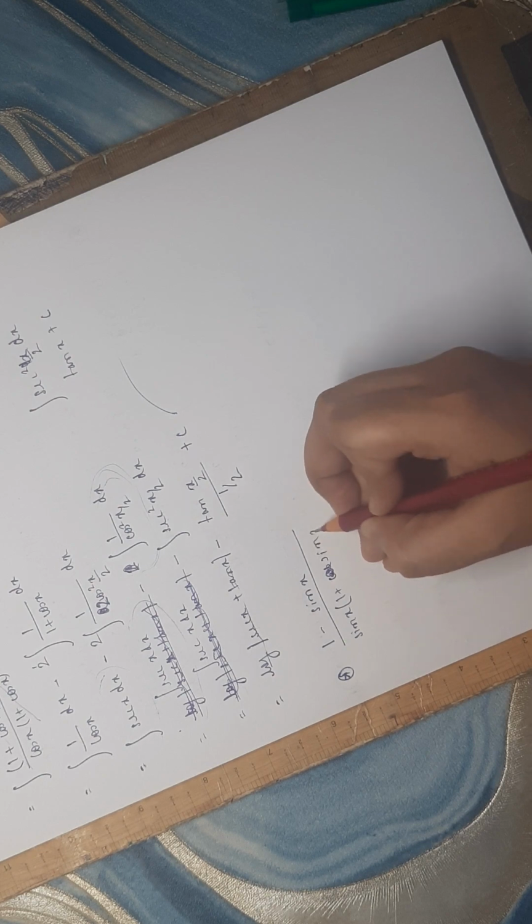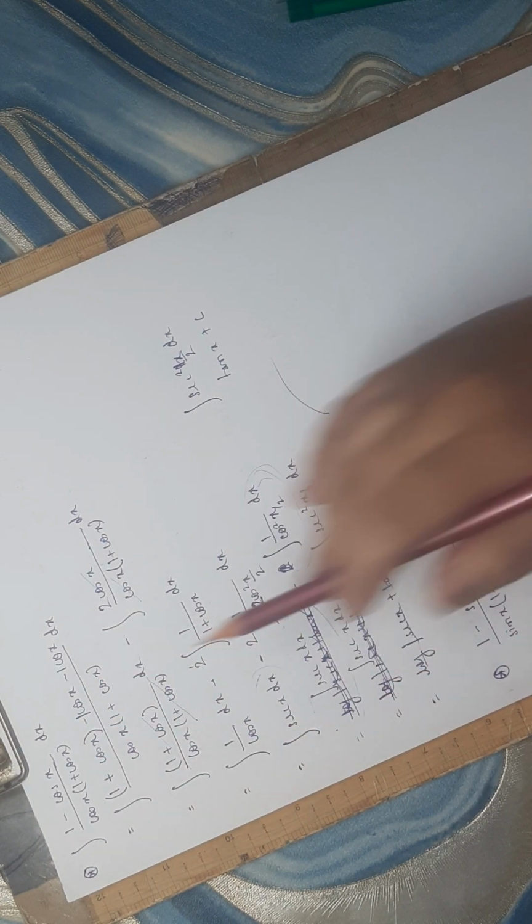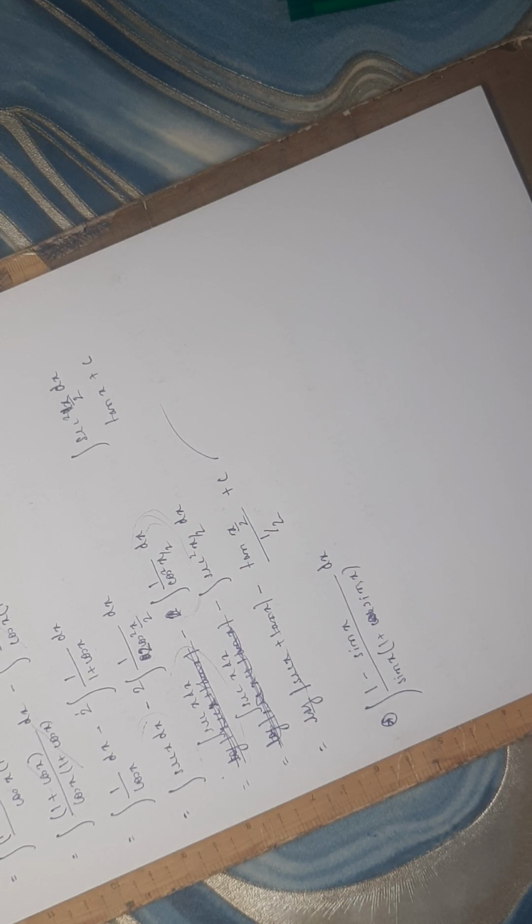In this problem we had cos x, and all the places of cos x have been replaced by sin x. What you have to do is approach this problem in a similar way. Add sin x and subtract sin x in the numerator, make the necessary cancellation, come to a more simplified version, and then simply integrate.